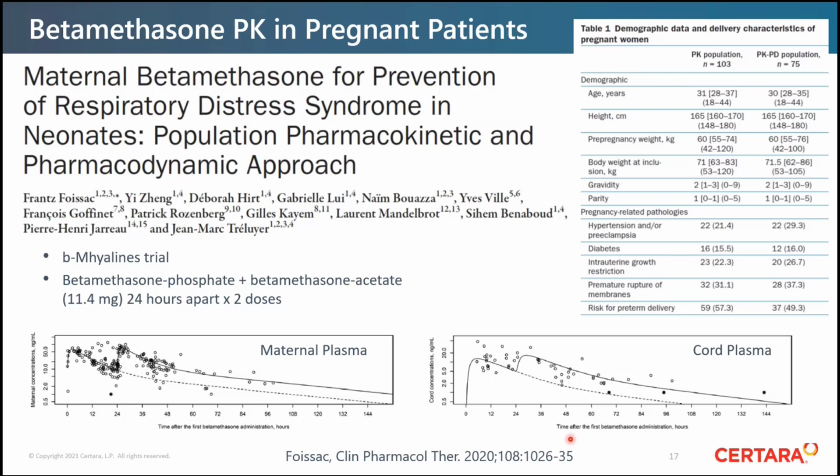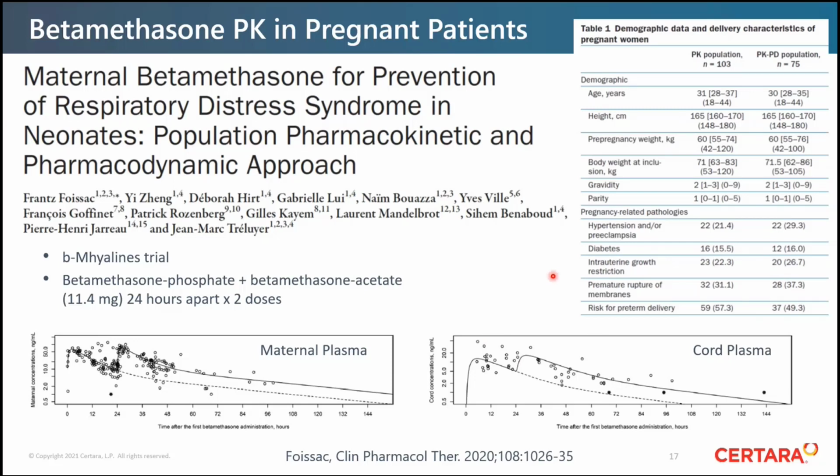This study was in a population of 178 women that were studied both for PK and then a subset for PK/PD. You can see the ages range from about 18 to 44 years, and most of them had some complication putting them at risk for preterm delivery, or had premature rupture of membranes or preeclampsia, for which they were having delivery.